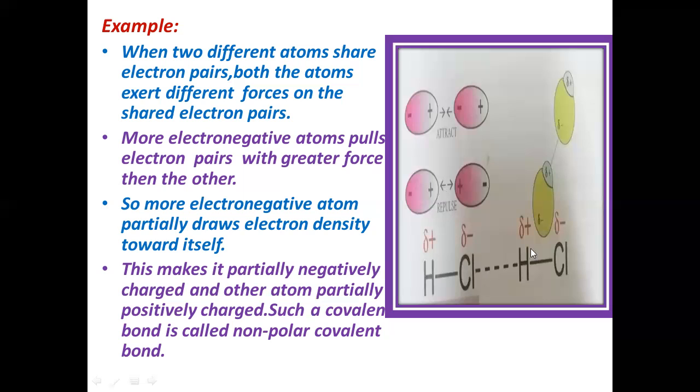So chlorine will attract the hydrogen of the second molecule, and the hydrogen of the first molecule will attract the chlorine of the second molecule. This type of force is called dipole-dipole interaction or dipole-dipole forces.